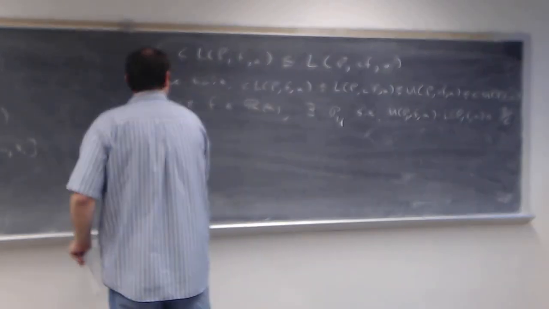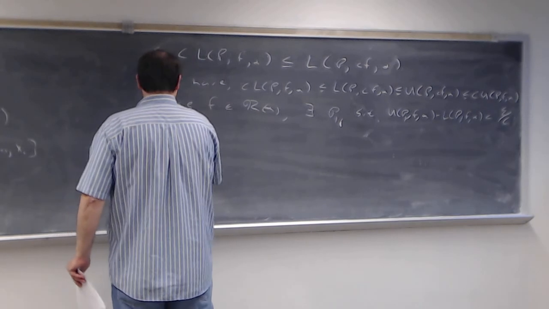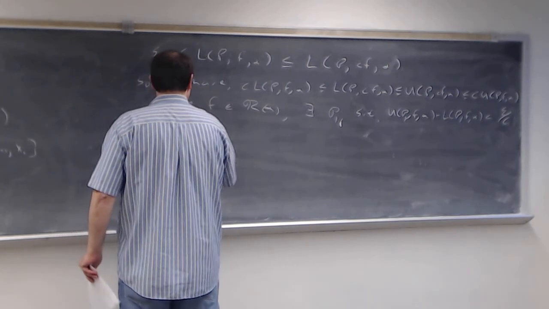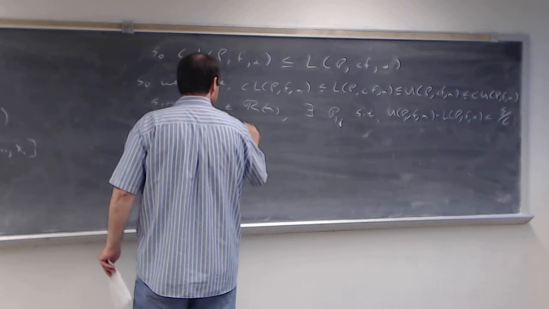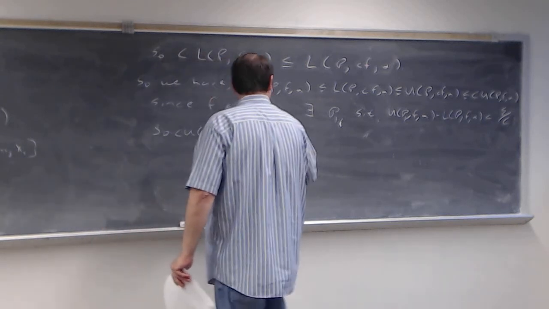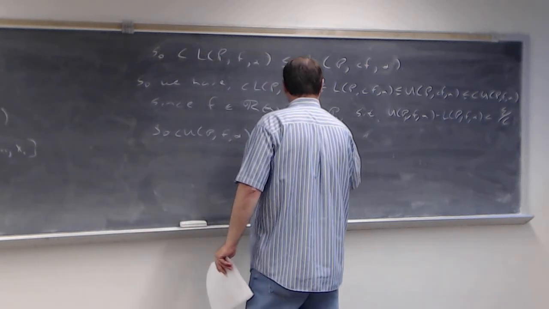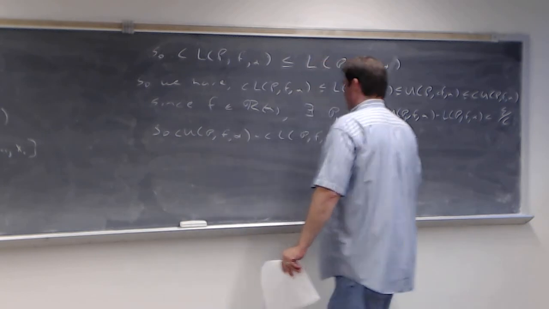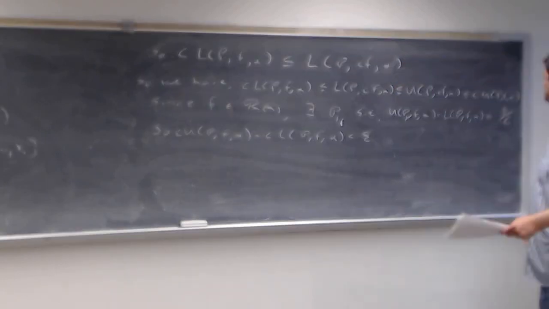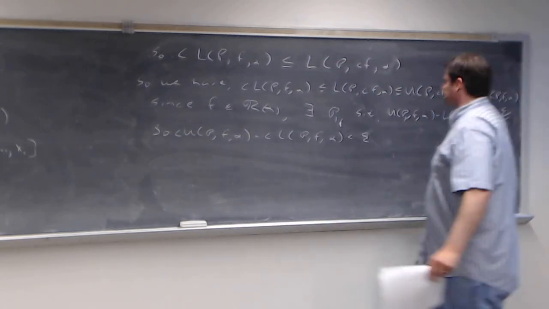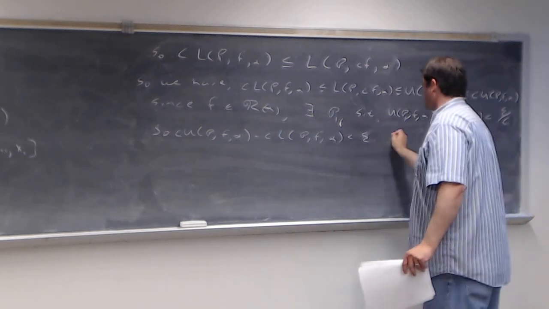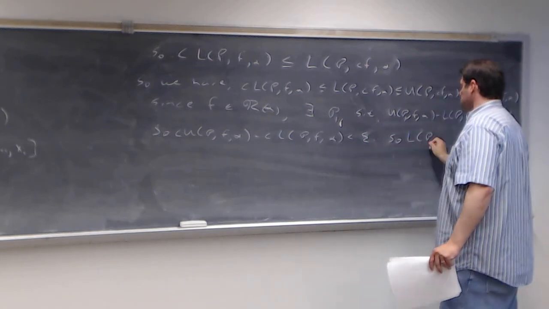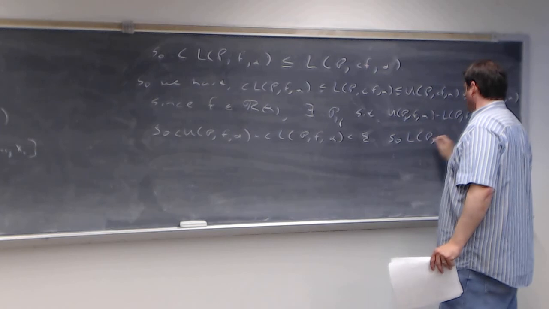So if we multiply everything by C, we have that C times the upper sum minus C times the lower sum with f will be less than epsilon. Okay. So what you see right here, if the distance between this guy and this guy is less than epsilon, the distance between this guy and this guy is less than epsilon.